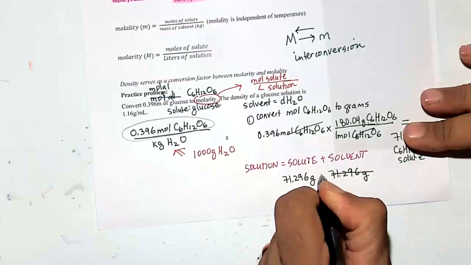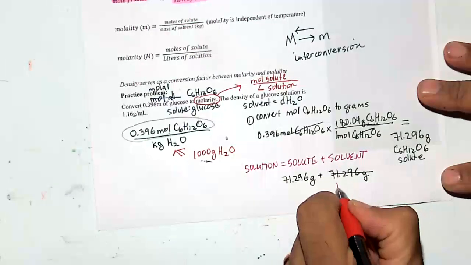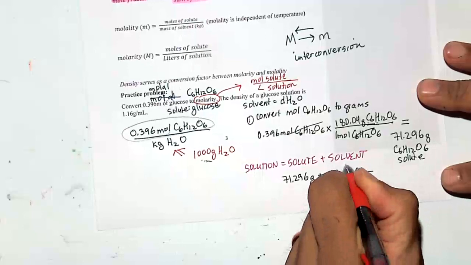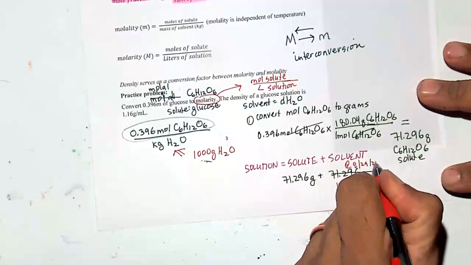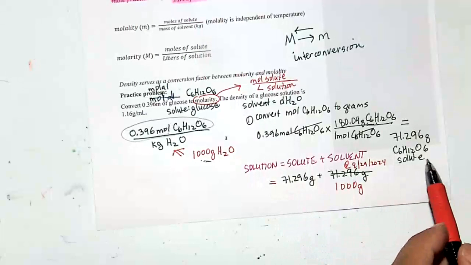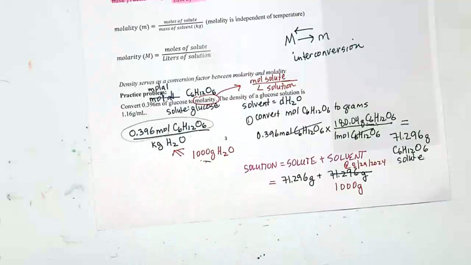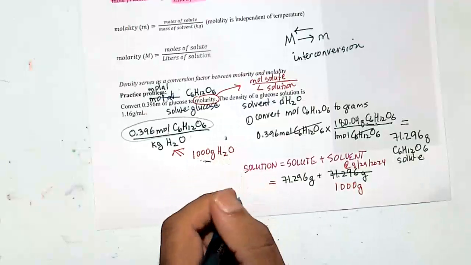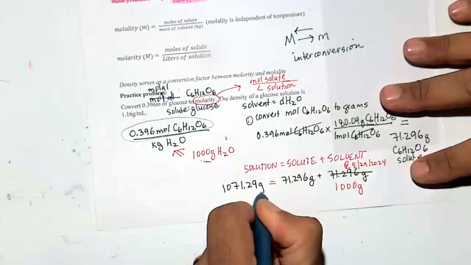How much is our solvent? 1,000 grams. So we add the grams of solute plus the grams of solvent, and on our calculator that's about 1,071.29 grams of solution.